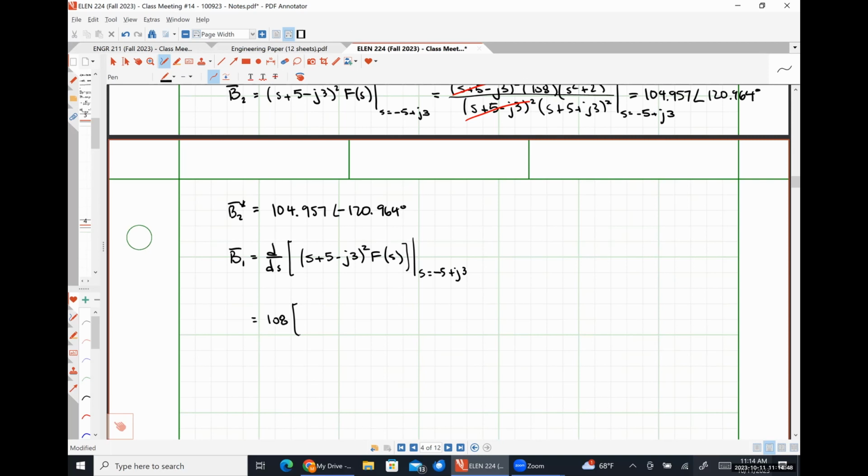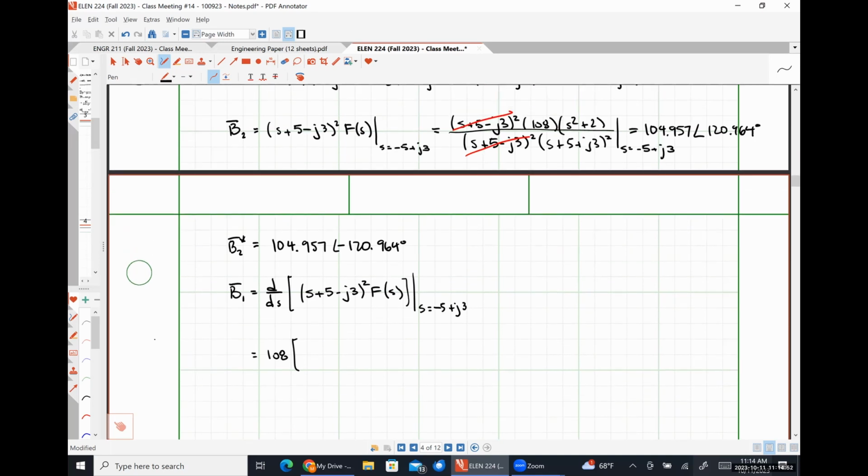So we're going to have, let me scroll up here so we can see it, right? So the rule here with the 108 taken out is we're going to have our denominator times the derivative of the numerator function minus the numerator function times the derivative of the denominator function divided by the denominator squared.